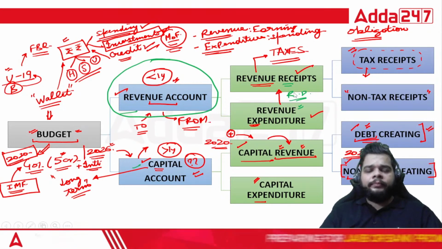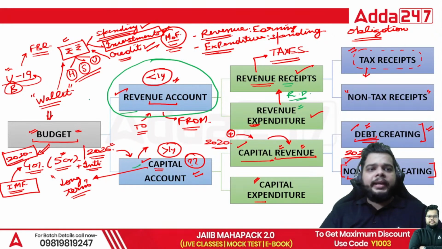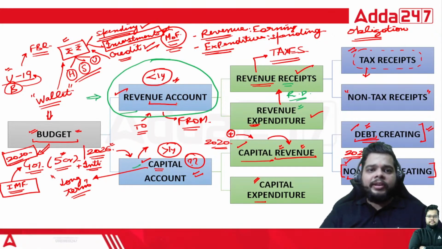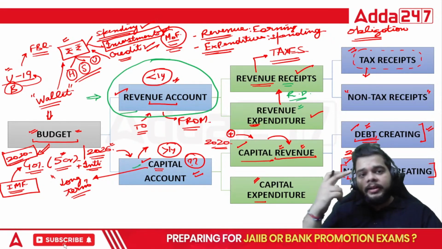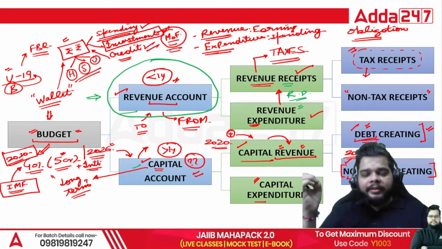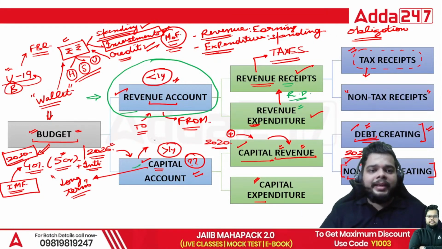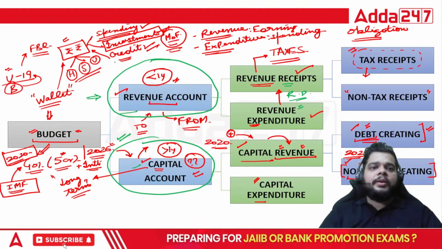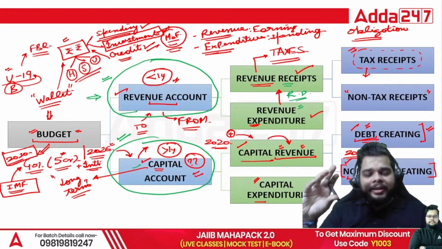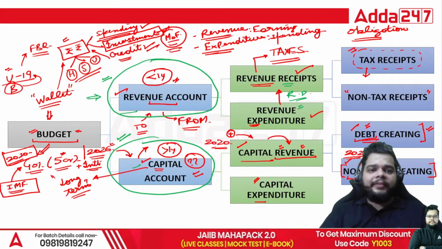Do you think that only calculating the deficit from the revenue account will suffice for an accurate calculation of the deficit in the country? The answer is no. It must take the capital account into consideration as well. So the capital account as well as the revenue account, both combined together, will give a holistic picture regarding the deficit in our country.